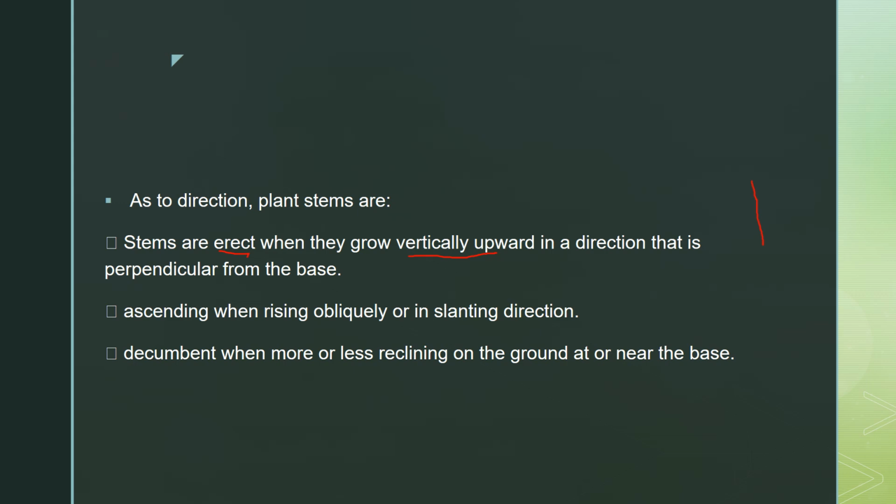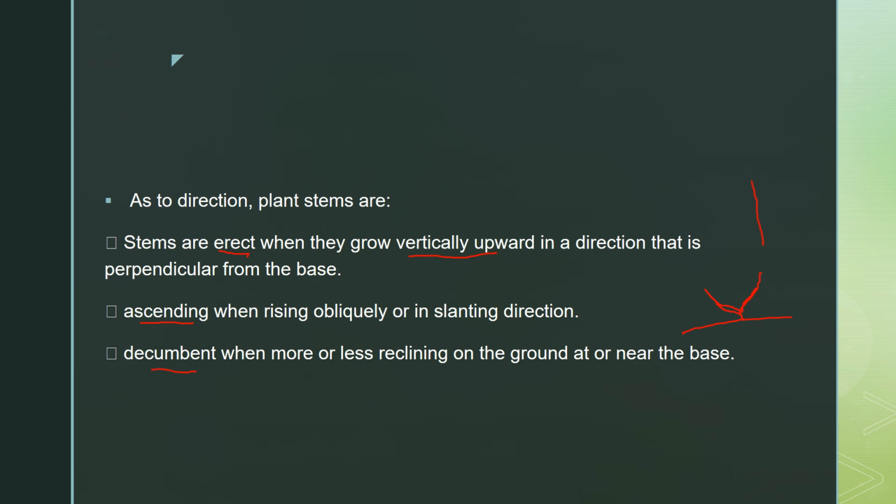And ascending stem is when it rises obliquely or in a slanting direction. This one is like the ground, and this is the stem, and the stem is growing obliquely, not in an upward direction. It grows obliquely, so it's ascending.